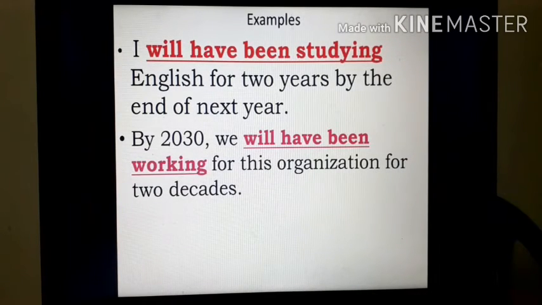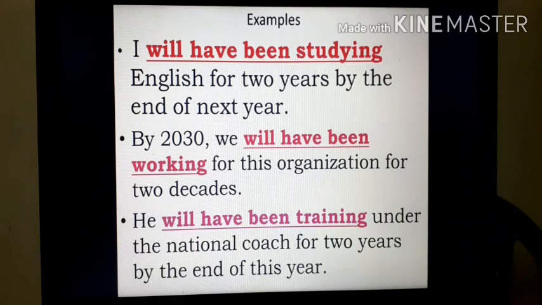By 2030, we will have been working for this organization for 2 decades. He will have been training under the national coach for 2 years by the end of this year. In perfect continuous tense, in the future form, importance is given to duration.